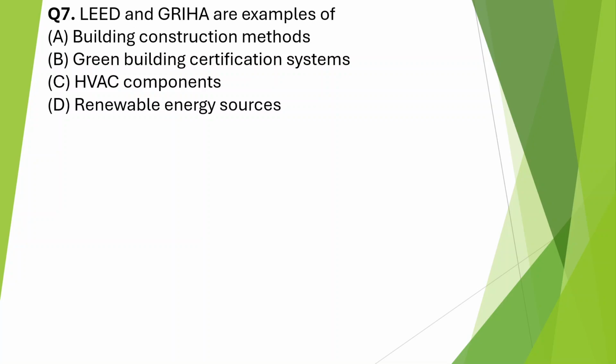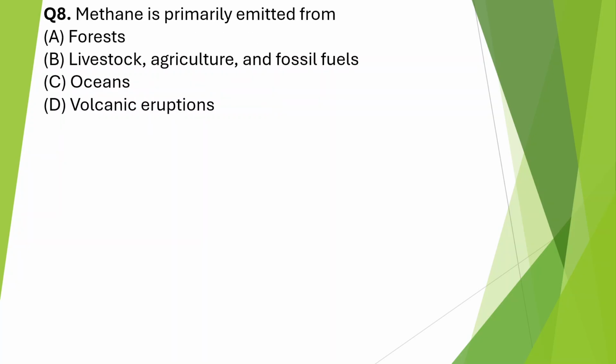These are helpful for constructing an energy efficient building or zero energy building, or low carbon footprint buildings. That's why they are considered to be under green building certifications. Fine. So whoever has answered this question is absolutely correct, and whoever doesn't know the answer should remember that it's option B, green building certification systems.